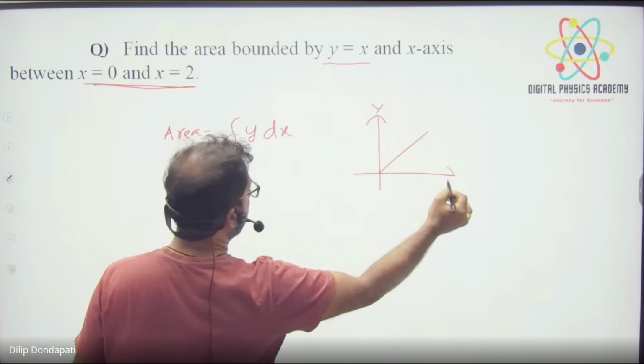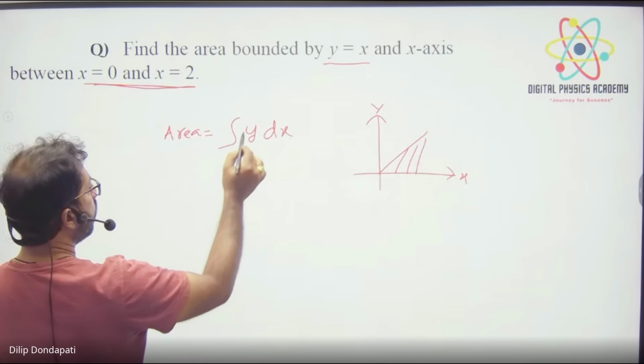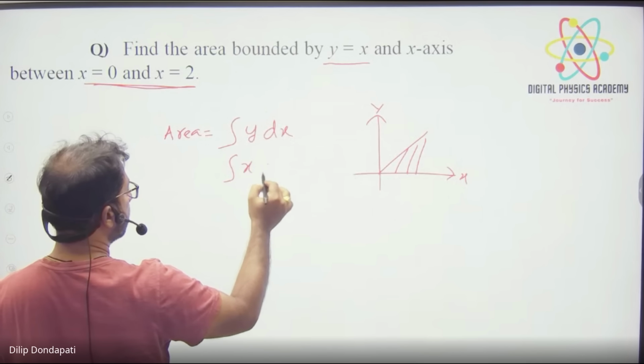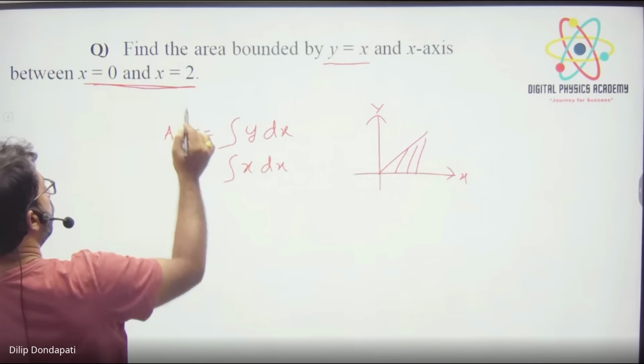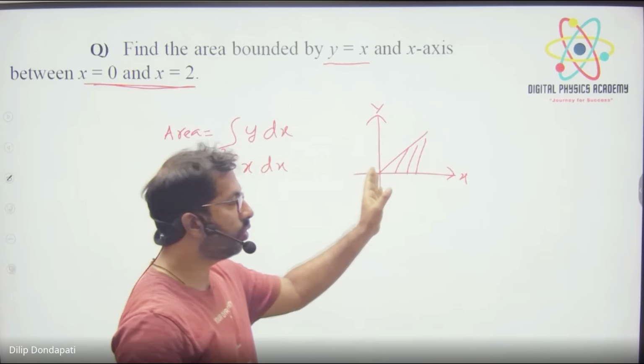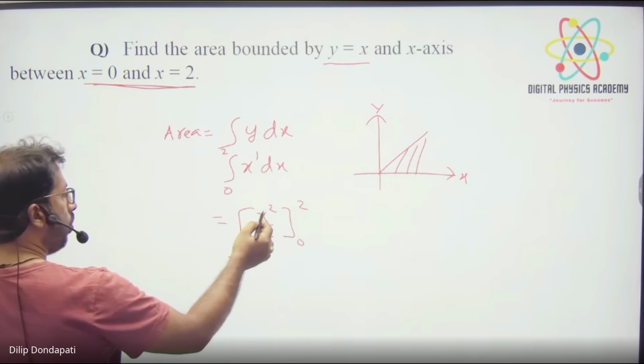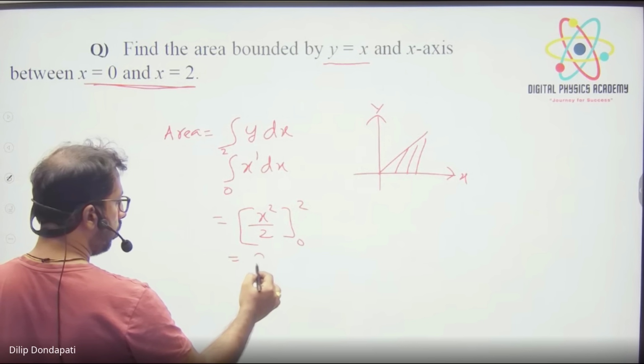In a y versus x graph, the area under the graph will be y dx. So what is y? It is x, so the integral of x dx, with limits from 0 to 2. Solve it. X power 1 integrates to x square by 2, limits from 0 to 2. So 4 by 2 is 2 minus 0.